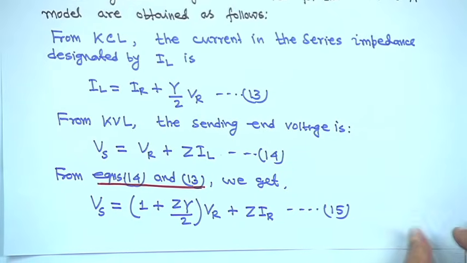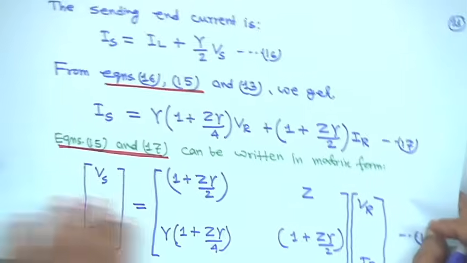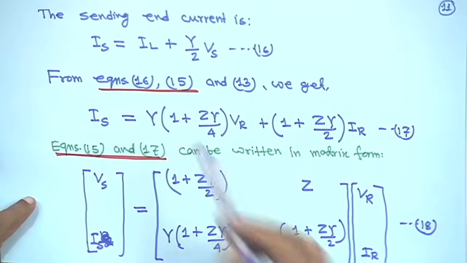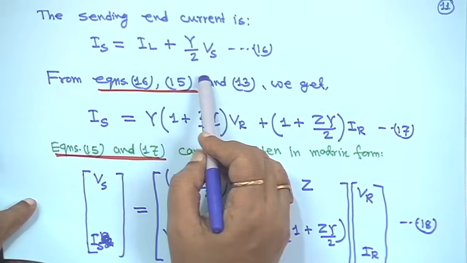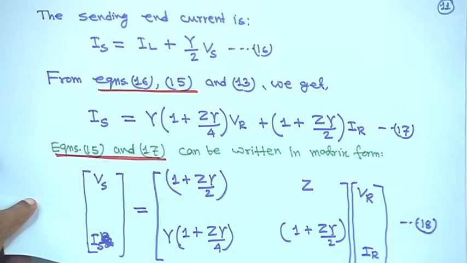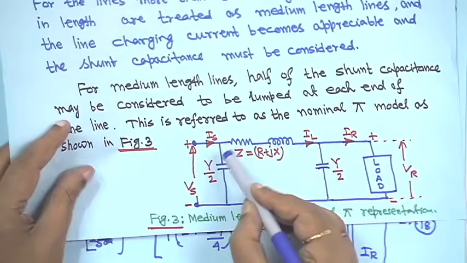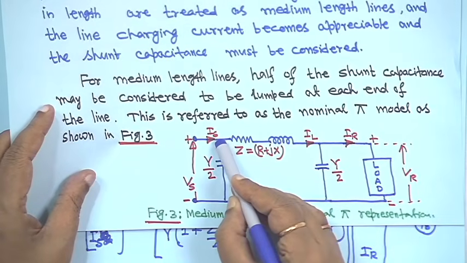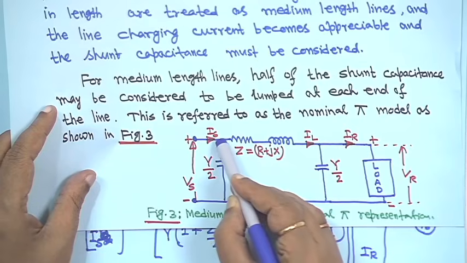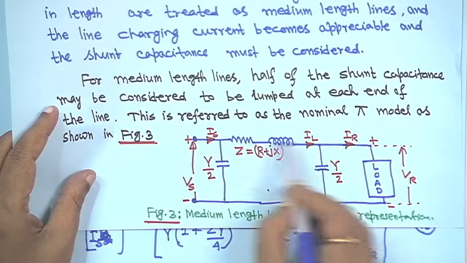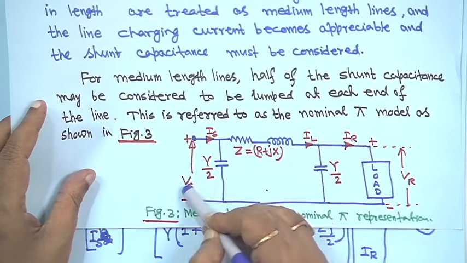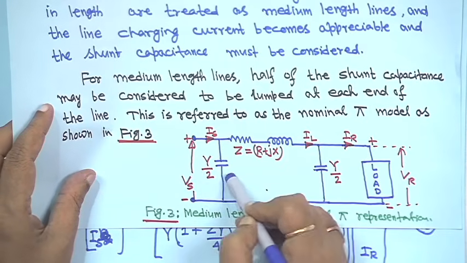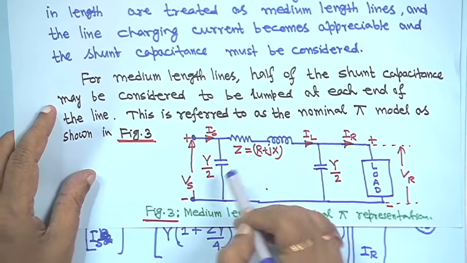Similarly, the sending end current is Is is equal to IL plus Y by 2 Vs. Applying KCL, Kirchhoff's first law, at this point, Is is the branch current IL plus Y by 2 into Vs, the shunt admittance into the voltage Vs, right.